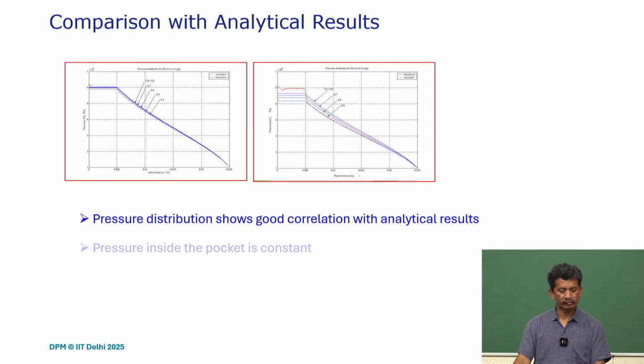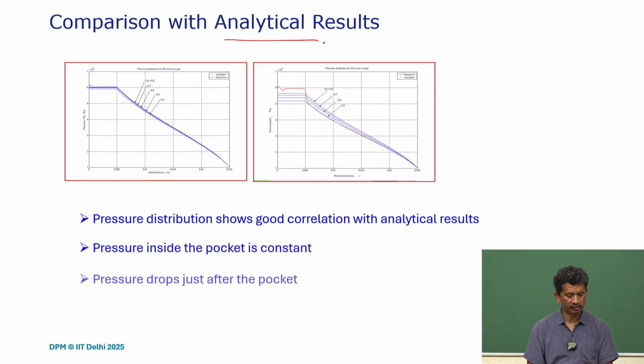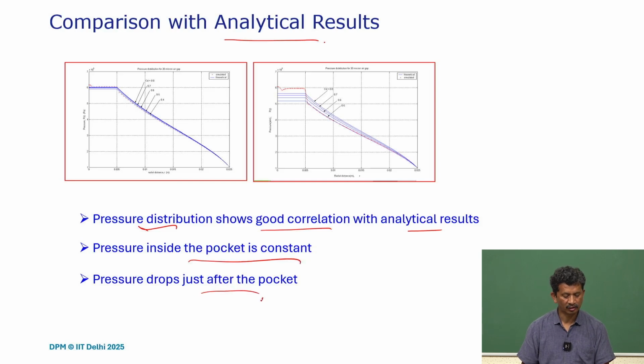So we also try to compare the CFD results with the analytical results, and what we see is a very good correlation in the pressure distribution. And of course, there are certain assumptions. So we try to do that, and for different CD values, we can see they are more or less converging, and the dotted line is from the CFD calculations.